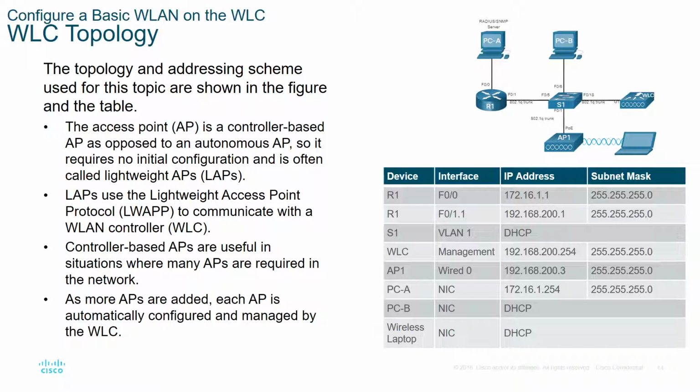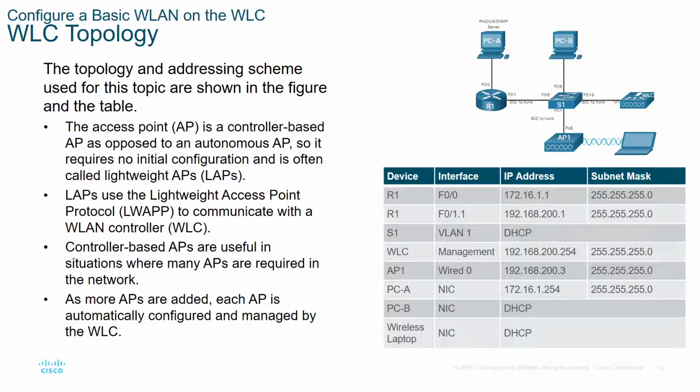Wireless LAN controller topology. The topology and addressing scheme used for this topic are shown in this figure and the table. The access point, AP, is a controller-based access point as opposed to an autonomous access point, so it requires no initial configuration and is often called a lightweight access point, or LAP.